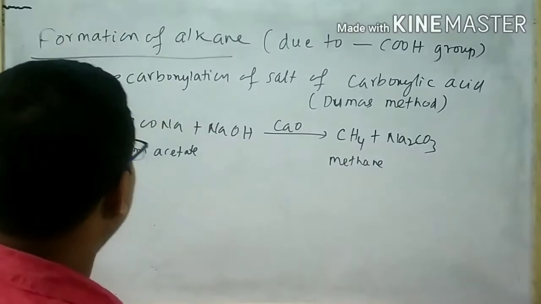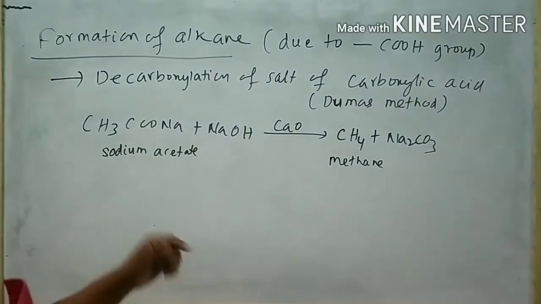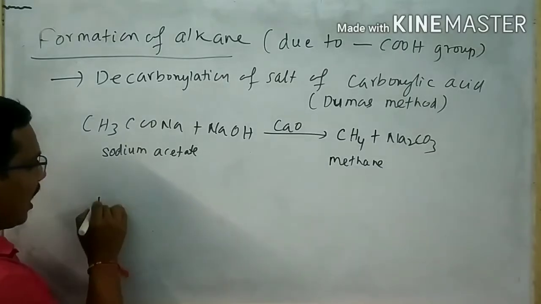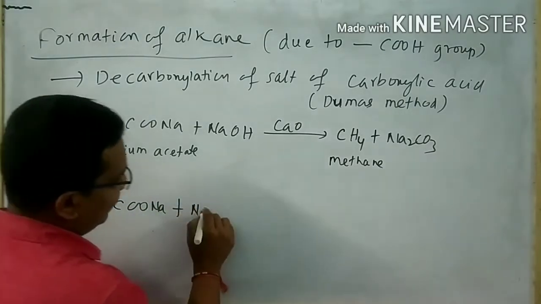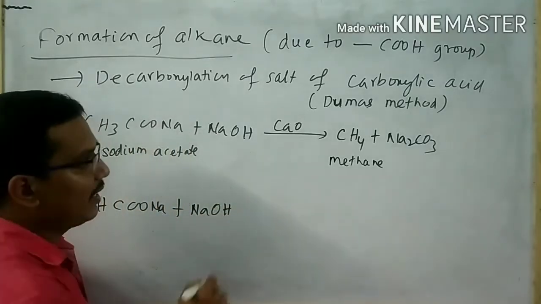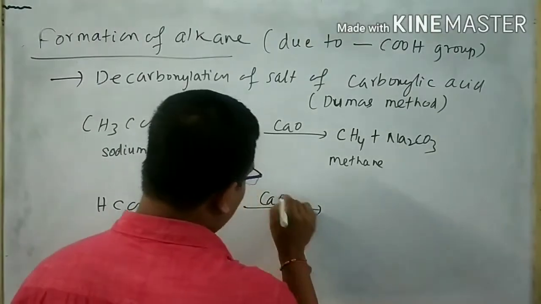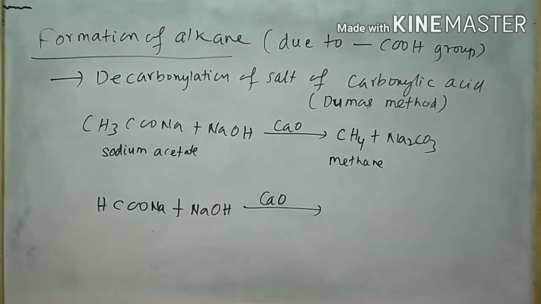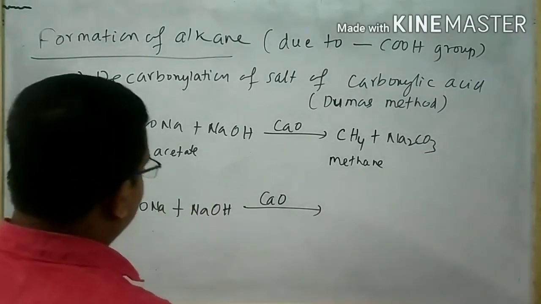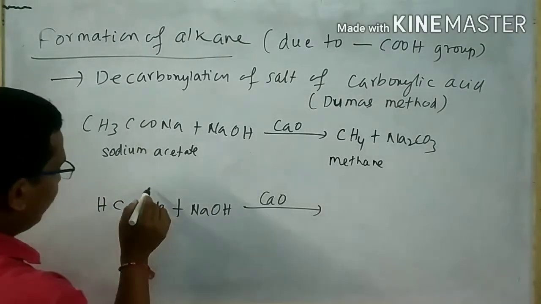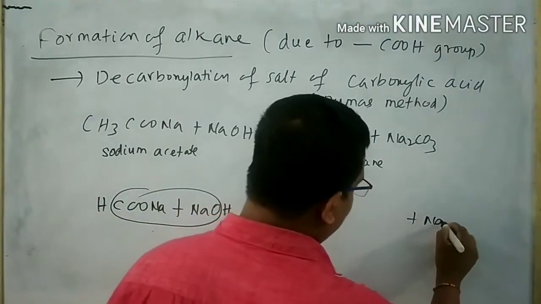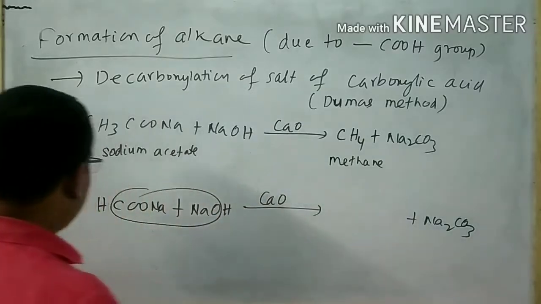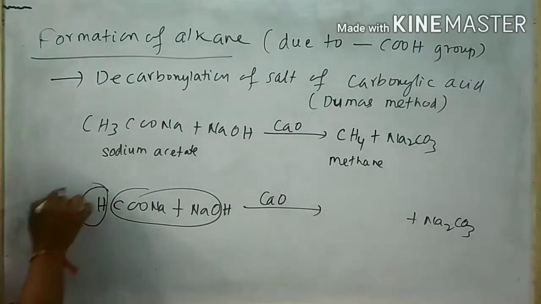Remember an important point regarding the Dumas method. Suppose I take sodium formate and it is subjected to reaction with sodium hydroxide in the presence of calcium oxide. Then what is the trick? At first I will remove the Na2CO3, but here there is no methyl group present.